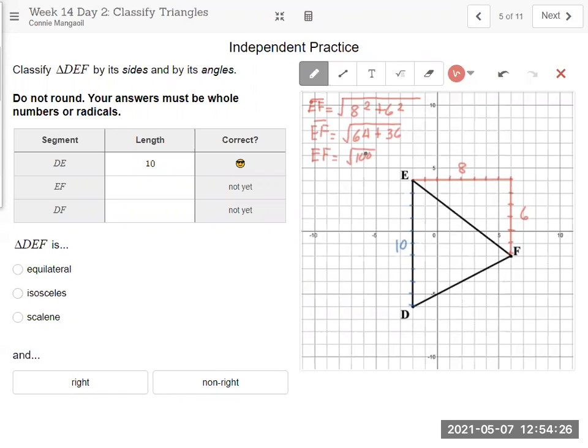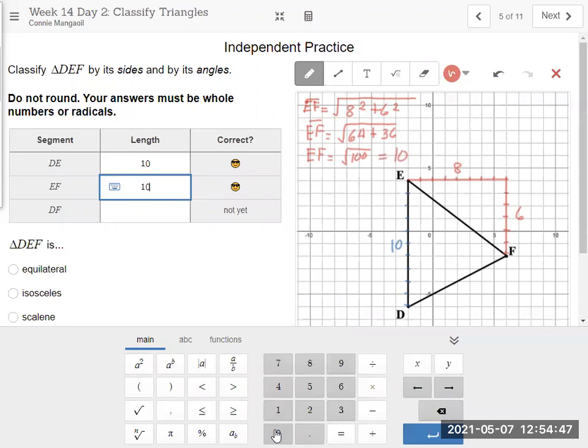What is the square root of 100? 10. Yeah. So your EF is equal to 10. So since it's a whole number, we'll use the 10. We'll not use the square root of 100. Okay? We'll use the 10. So your EF is equal to 10 units.